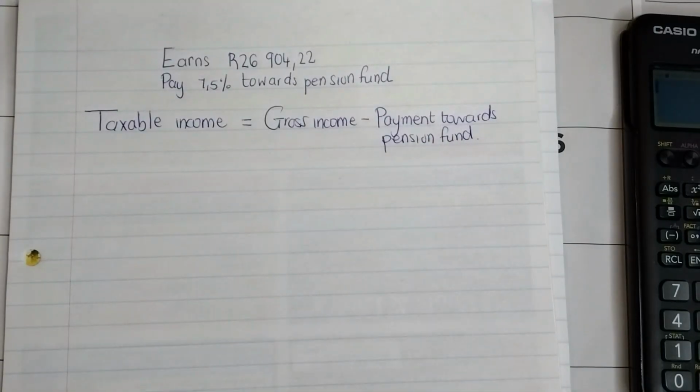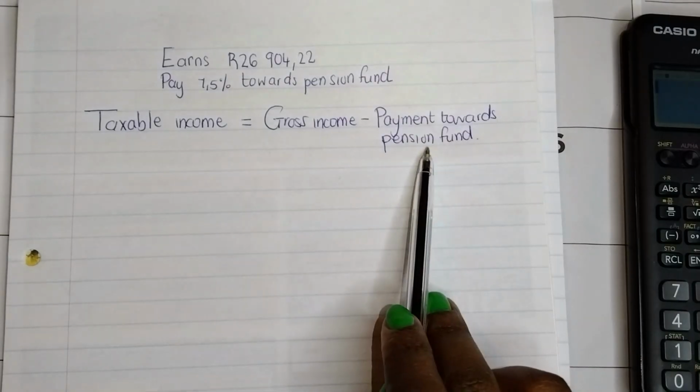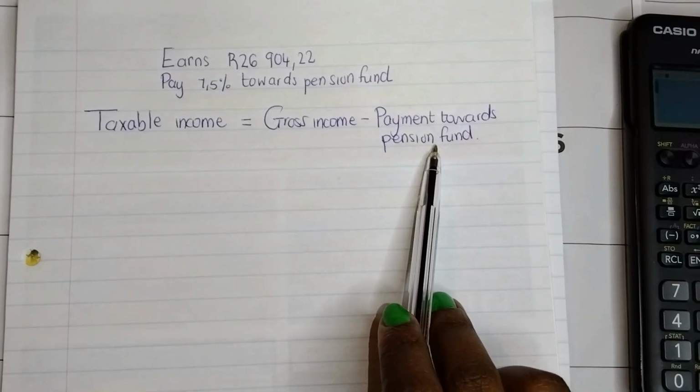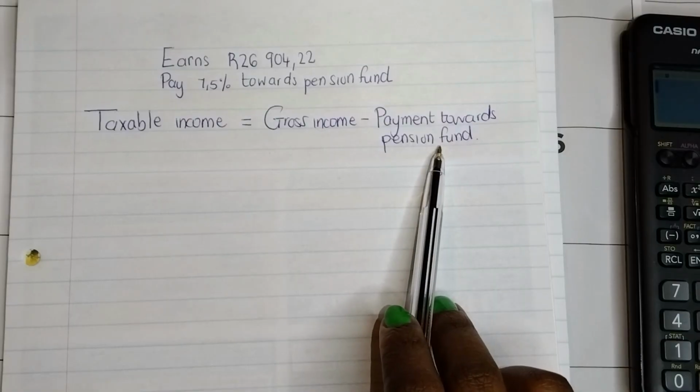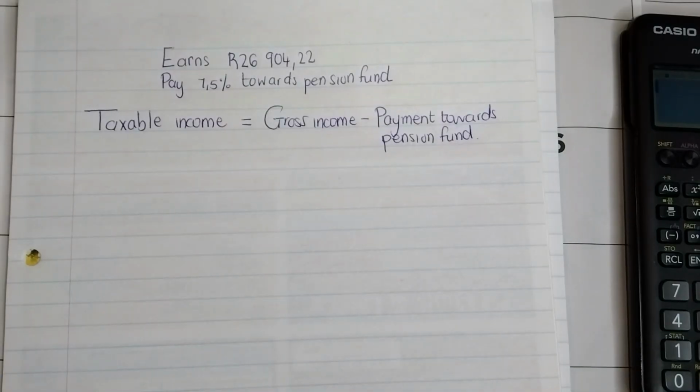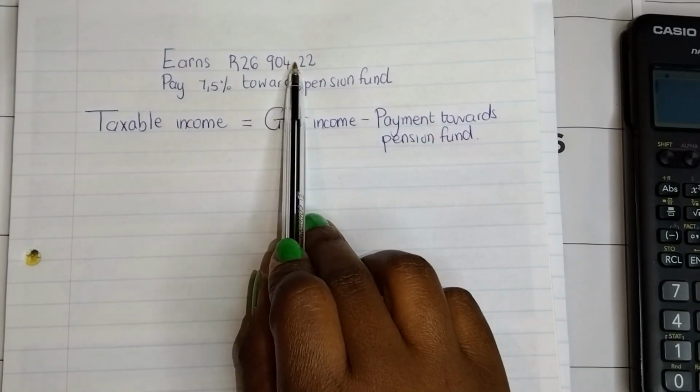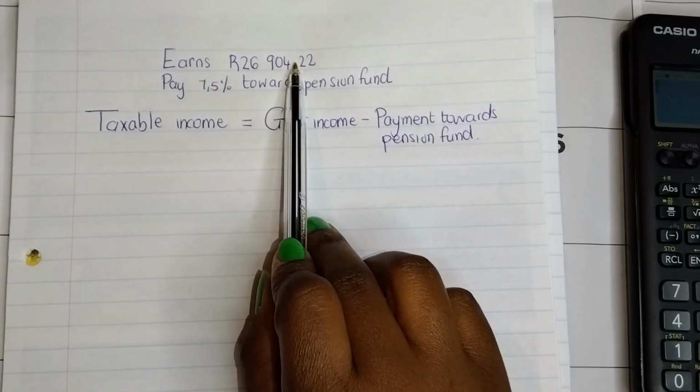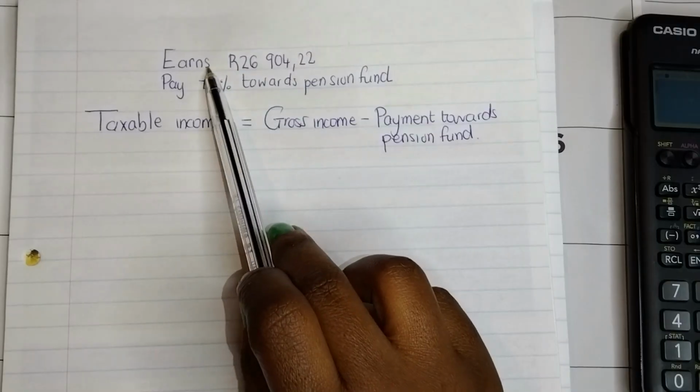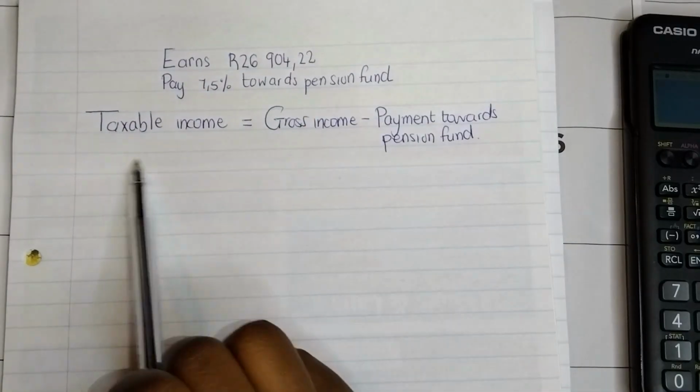So I'm going to start this question by calculating the payment towards the pension fund that Emily pays every month. After I've got that amount, I'm going to subtract it from her monthly salary to get the taxable income.